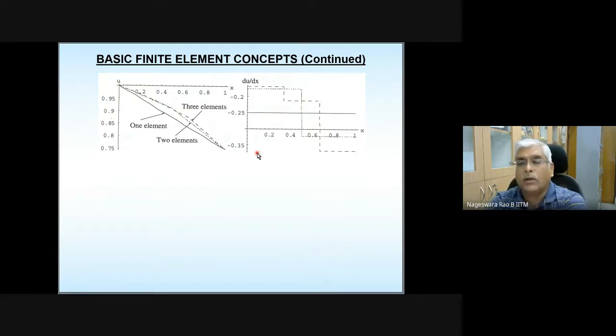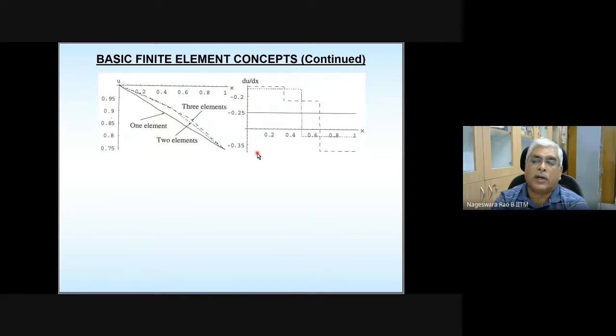I mentioned to you in the beginning classes that, if you see the classical methods, the trial solution that you start with could be a quadratic trial solution, cubic trial solution, quartic or quintic. Quartic is nothing but 4th order, quintic is nothing but 5th order.